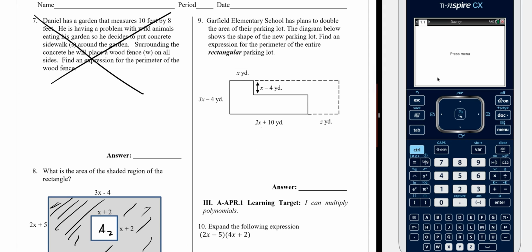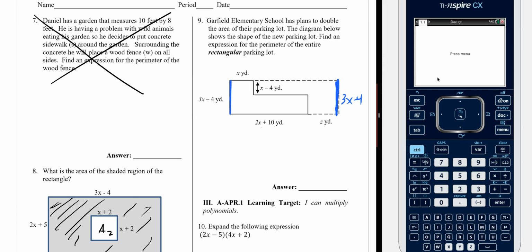If we move on to number 9, Garfield Elementary has plans to double the area of the parking lot. The diagram below shows the shape of the new parking lot. Find an expression for the perimeter of the entire parking lot. So perimeter is adding up all the outside stuff. So we've got a 3x minus 4, which means that this other side has to be 3x minus 4.